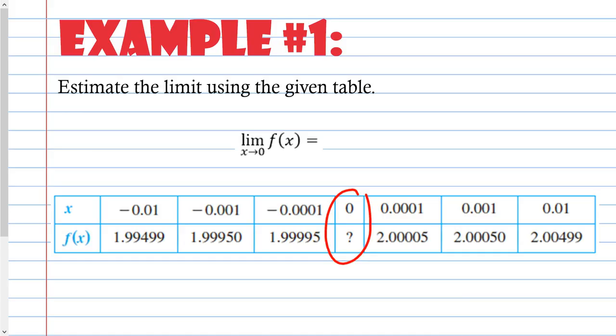We're trying to figure that out. Now, as I approach from the left, the x values that were chosen are negative, which makes sense because to the left of 0 are negative numbers. But look at these numbers. They're really, really small. They're really, really close to 0.